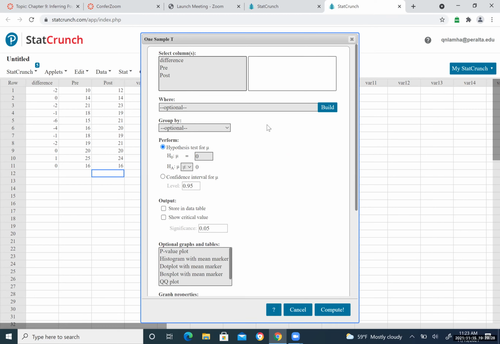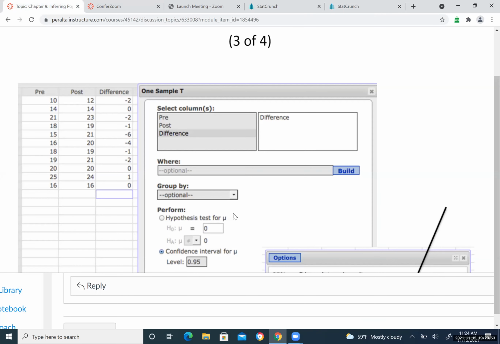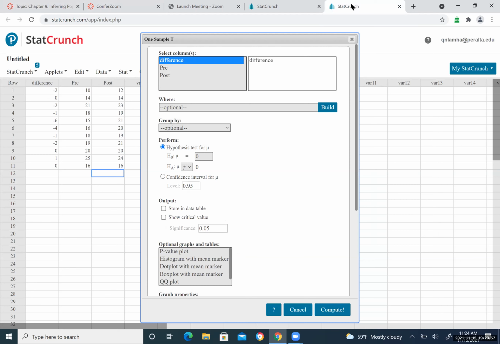Okay, one sample with data, not with summary, because we have three columns here. So what I'm going to do is choose difference. Click difference. Go to hypothesis test. And here we're talking about the confidence interval. 95, right?